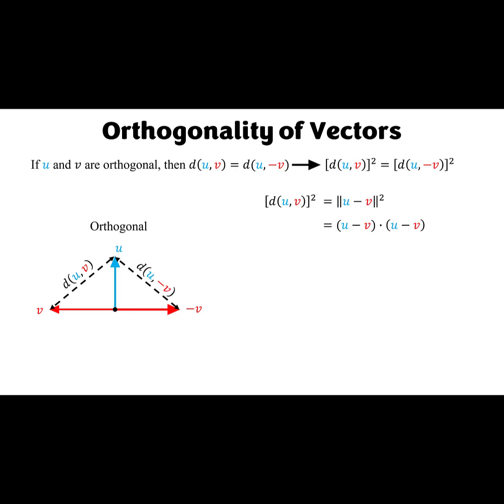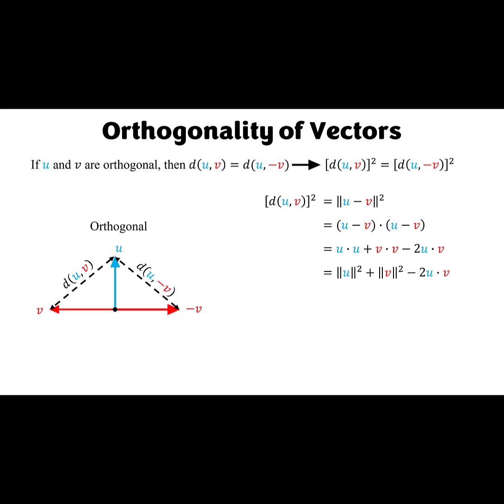And we have this dot product now that we can distribute. So u dot u plus v dot v minus 2 u dot v. And notice that u dot u is just the length of u squared, because the length of u is the square root of u dot u. So it's really the square of u when you do u dot u. And likewise with v dot v, that's the length of v squared.